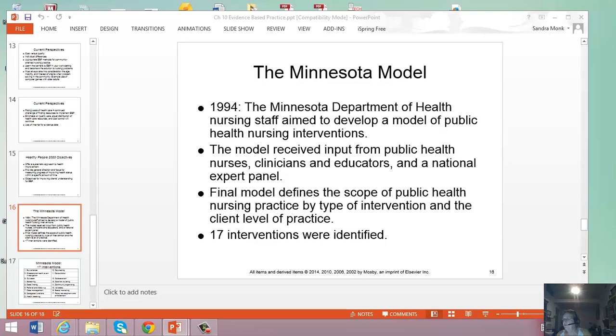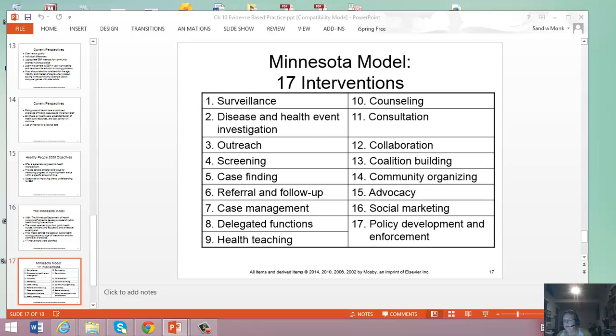The final model defines the scope of public health practice by the type of intervention and the client level of practice. I gave you a handout that has the specific definitions for this Minnesota model. The 17 different interventions were identified in here, and this is what you'll see here, but you have the definitions that are posted in D2L for that.